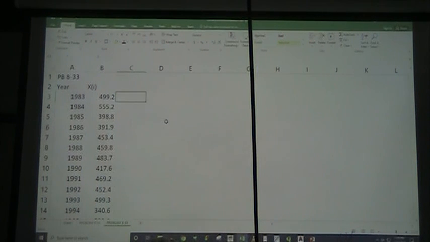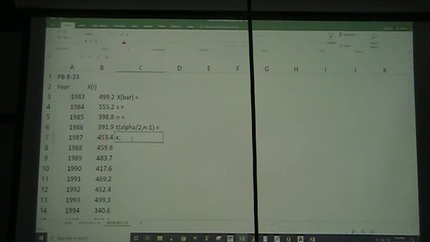All right, so my x bar, my sample standard deviation, my number of data points, my t alpha divided by 2 with n minus 1 degrees of freedom, and of course, what is my alpha?